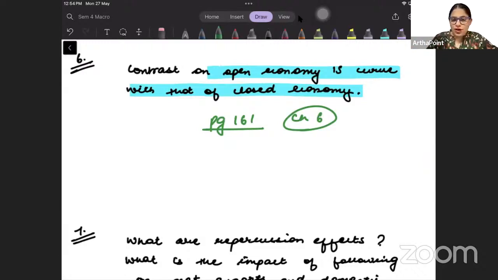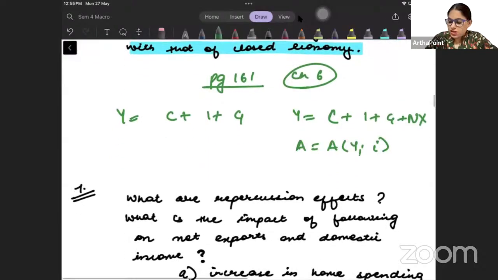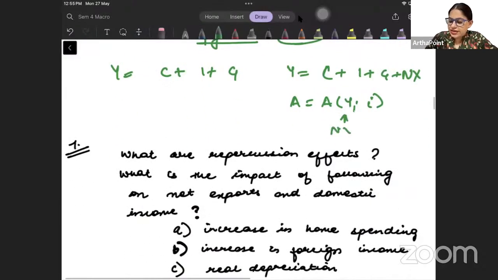In this, you will go ahead and tell कि जब हम closed economy में होते हैं, we have Y is equal to C plus I plus G, and in open economy we have Y is equal to C plus I plus G plus NX. तो जो open economy का IS curve हो जाता है, you will give that equation, but you have to go ahead and explain that in open economy this Y is affected by net exports also.